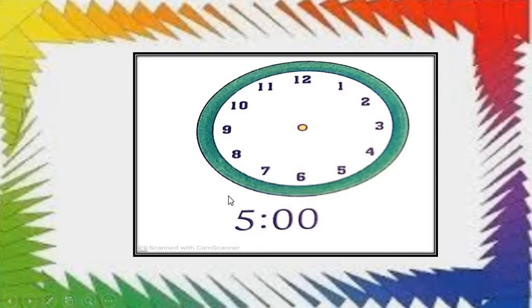As per given time we have to draw the hands in this clock. First, draw the long hand at 12. Then the short hand at 5. Everyone draw the hands properly. As the time is 5 o'clock, short hand at 5, long hand at 12.